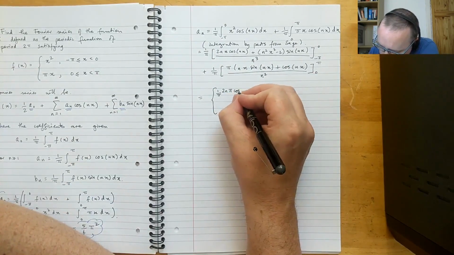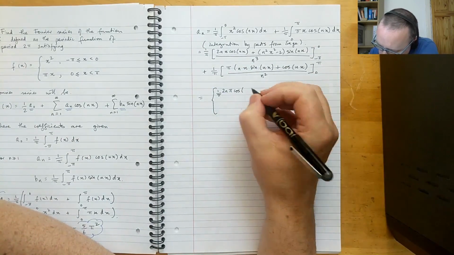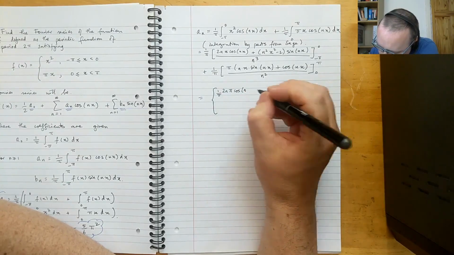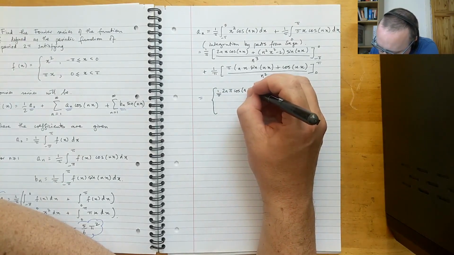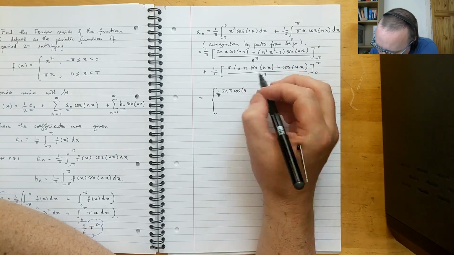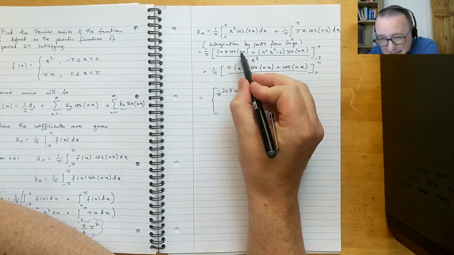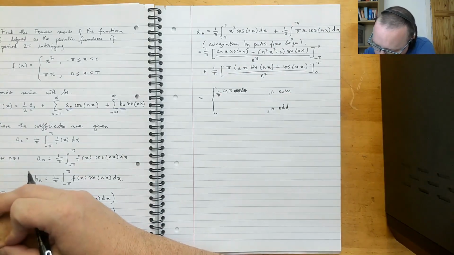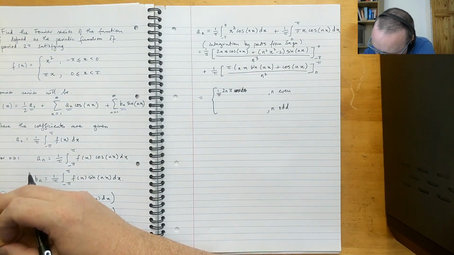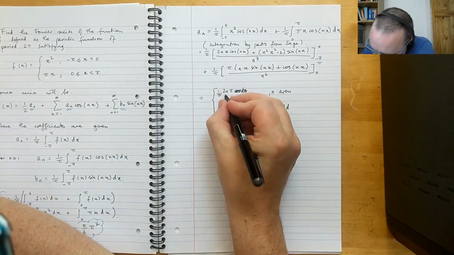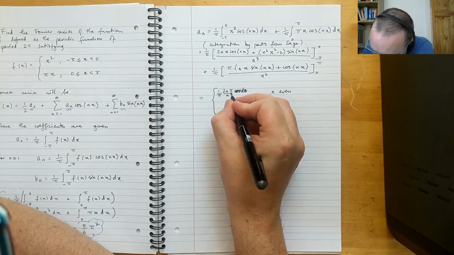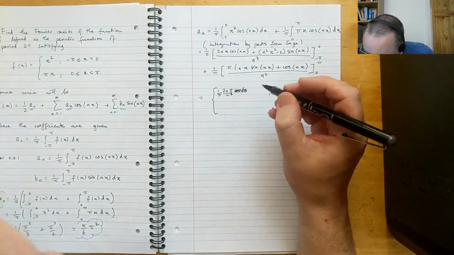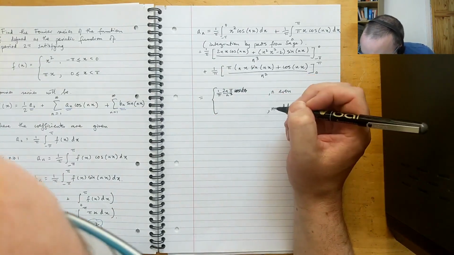And then that's cosine of n pi. When n is even, this cosine of minus n pi is always going to be plus 1. And this is all over the denominator n cubed. So that's actually going to simplify somewhat to 2 over n squared, isn't it?